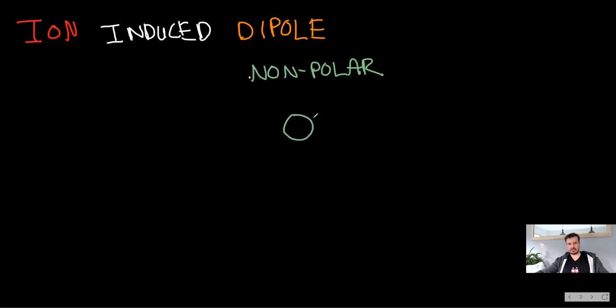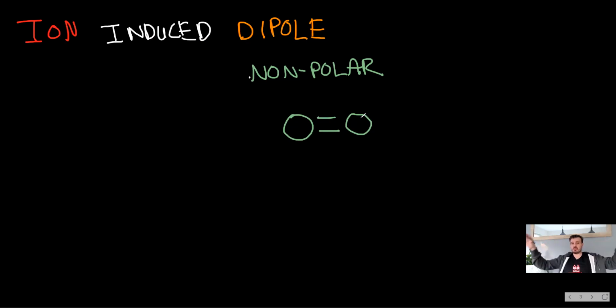So let's think of oxygen. Oxygen is a double bonded molecule, and there's an evenness of electrons. Because if you think about it, with oxygen and oxygen, there's nothing to choose between the two. So we know that it's non-polar.